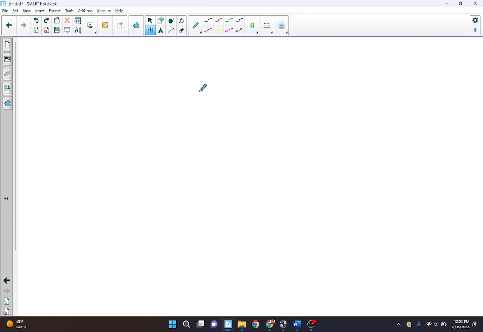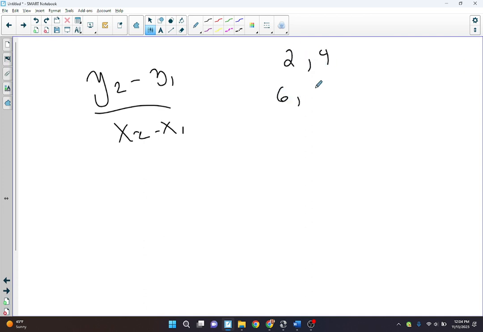Find the slope. The formula for the slope is y2 minus y1 over x2 minus x1. I do not give you the formula on the test. So, when you have 2 points, 2 comma 4, 6 comma 6. You're subtracting. First label though.